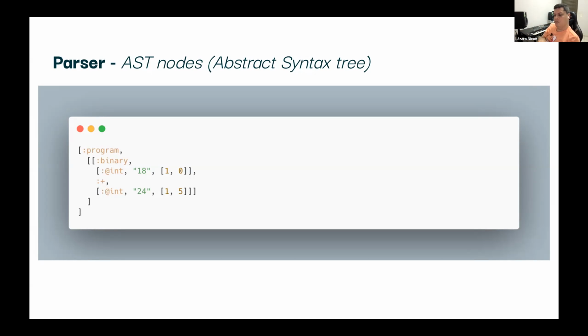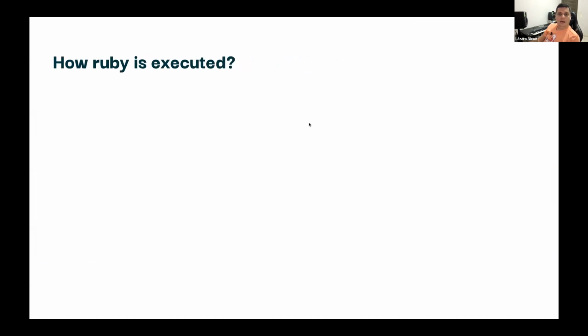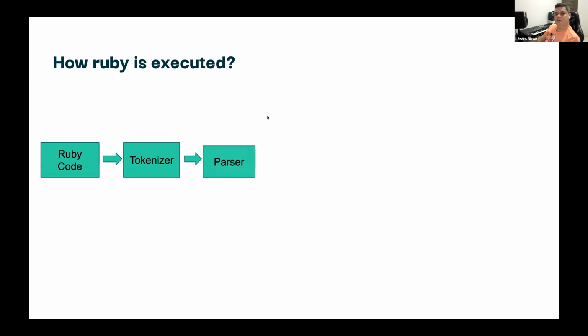Your code is translated to nodes that your interpreter can interpret. Okay, so we have the Ruby code. It's tokenized, it's parsed, and it is interpreted.